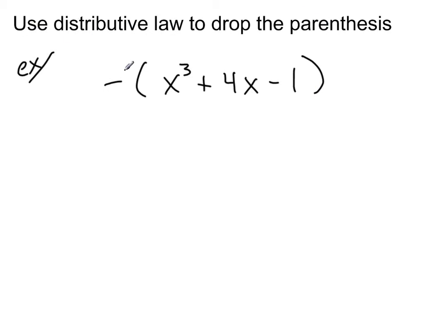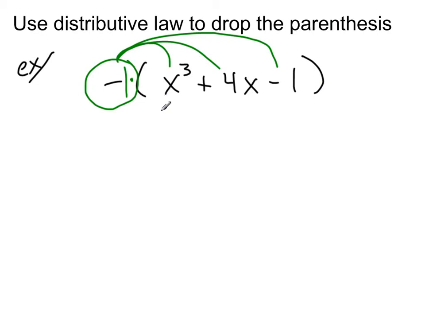Essentially, you can think of this negative out front as a negative 1 times this entire thing. So we take that negative 1 and distribute it to each term. Negative 1 times x cubed is negative x cubed. Negative 1 times 4x is negative 4x. And negative 1 times negative 1 is positive 1. So you pretty much just change the signs.